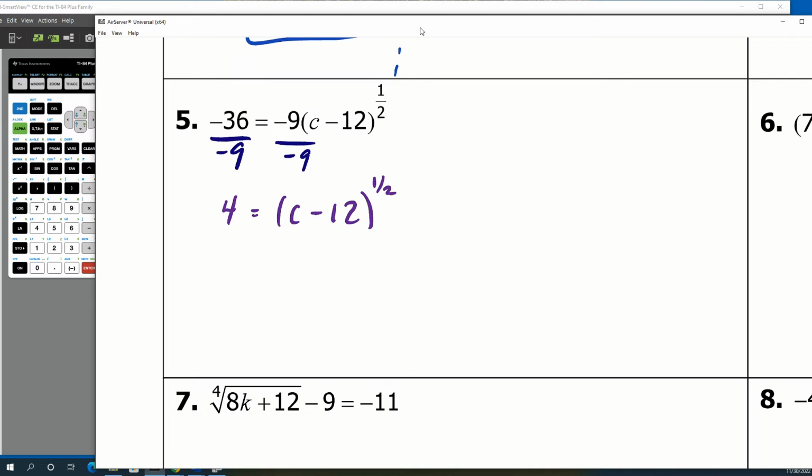So this one doesn't have a radical symbol, but what does it mean to raise something to the 1/2? This was yesterday. Square root. So this technically is a square root, even though it doesn't look like it. So if I want to get rid of that power of a 1/2, I'm just going to square both sides.